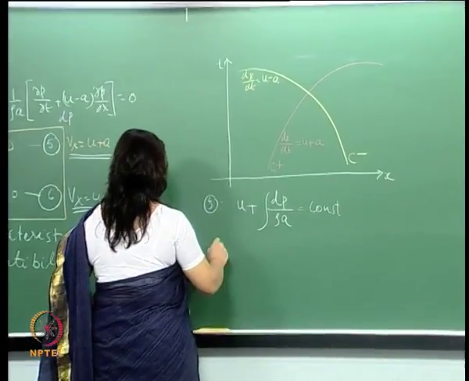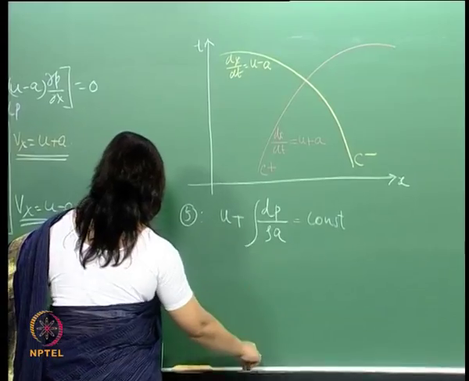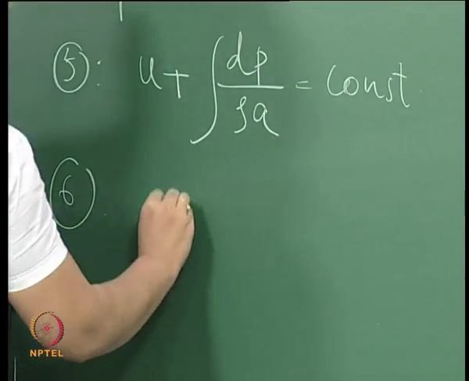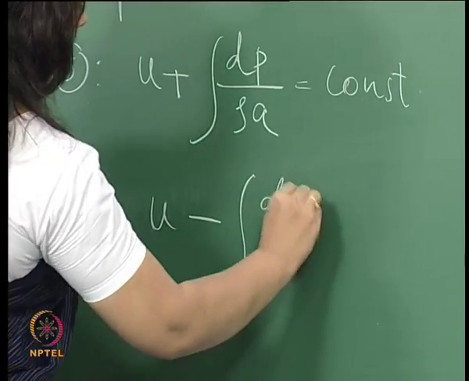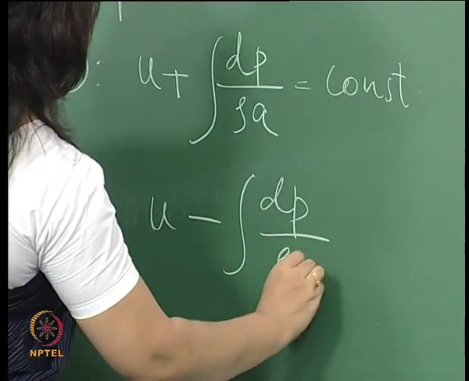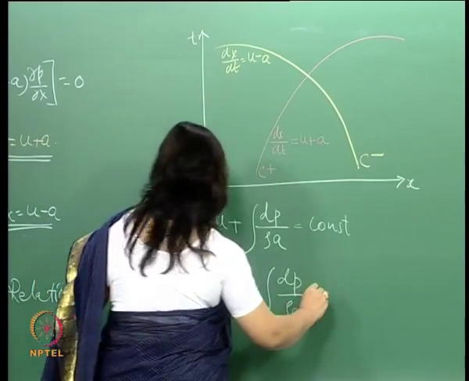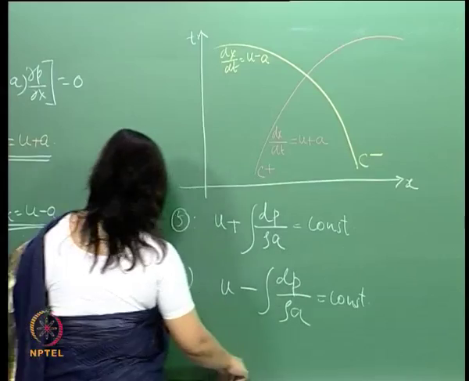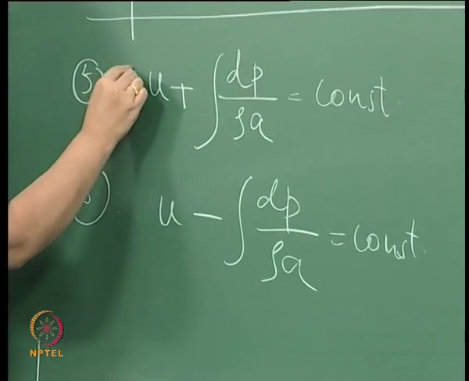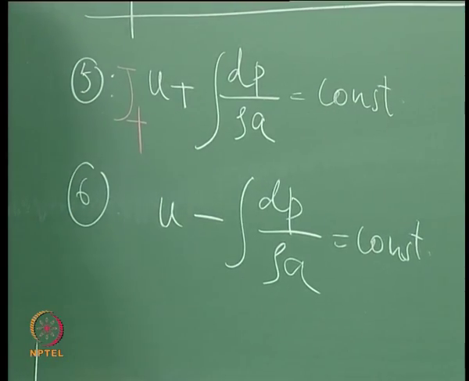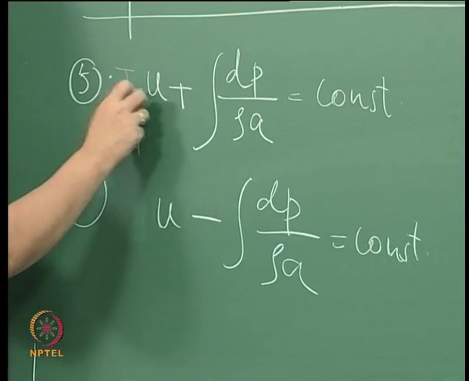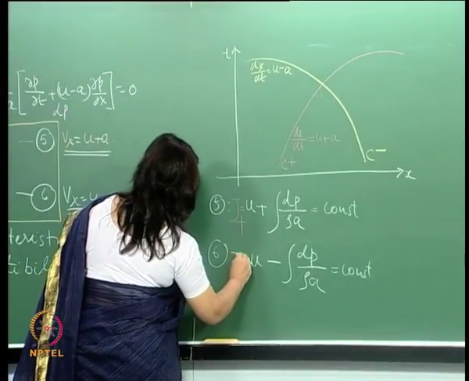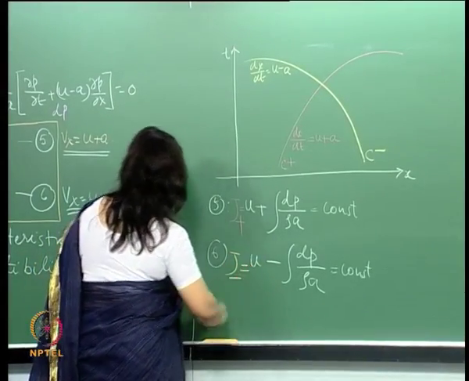This is what we get from 5, and from 6 we get this, again a constant. Let us call this J plus, and let us call this J minus.